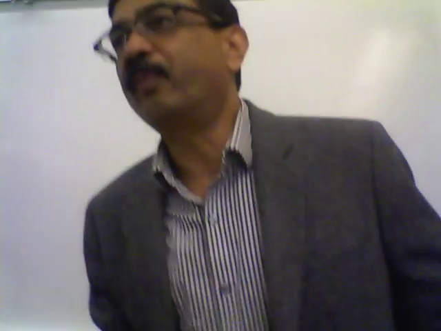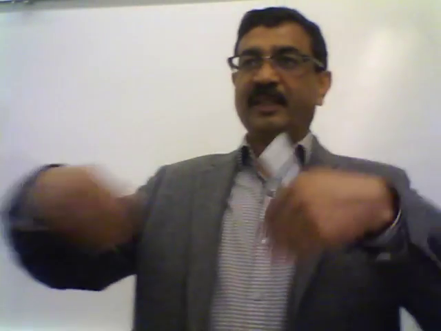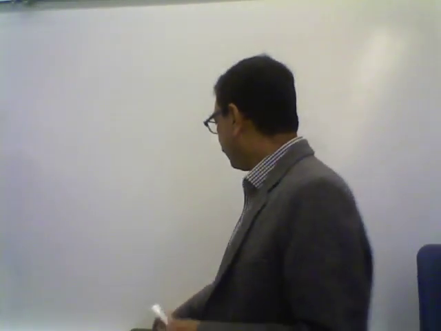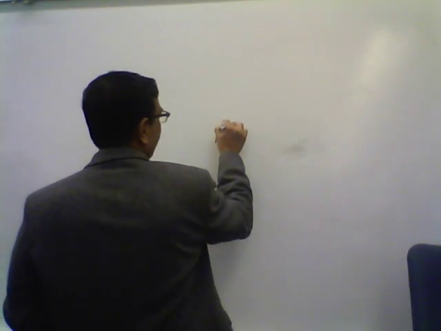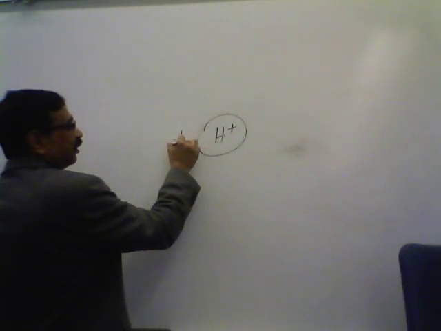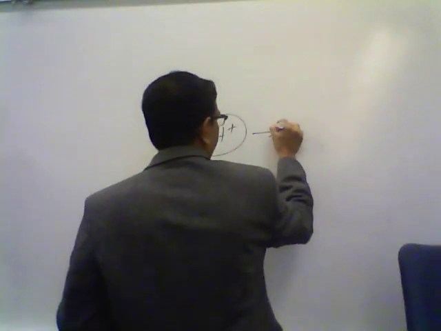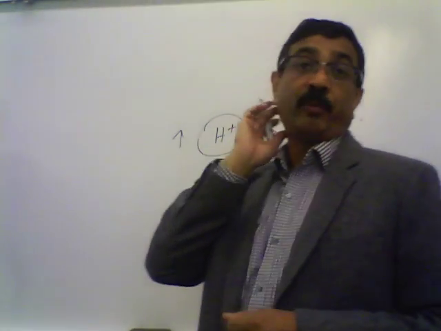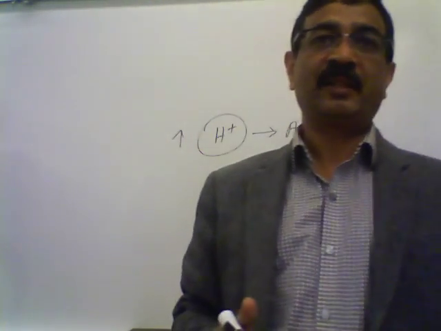Similarly, your urinary system regulates the electrolytes. If any electrolyte concentration increases in your blood, kidneys will excrete that excess electrolyte from the body. For example, hydrogen ion. If in your blood hydrogen ion concentration increases, that is called acidosis. That means your blood is becoming acidic.